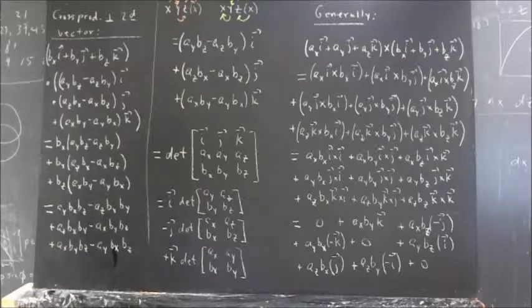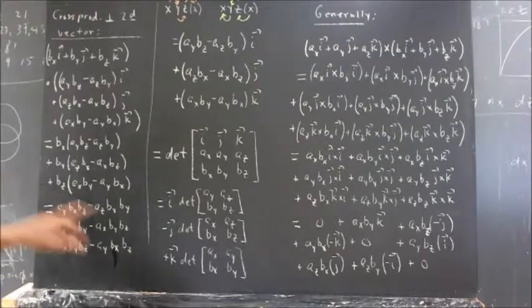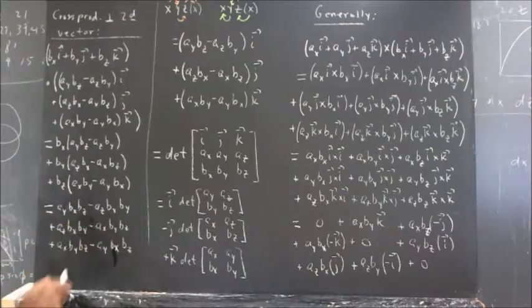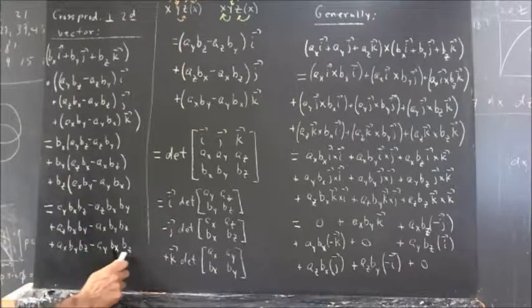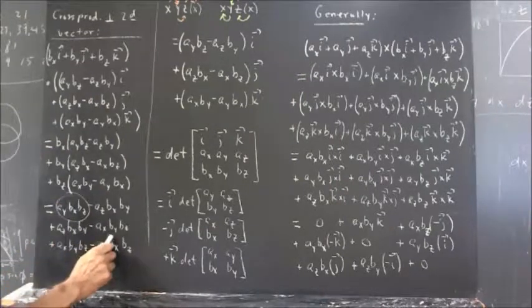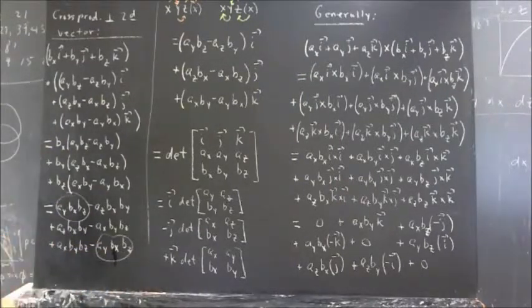And if we now look at what we have here, we have an AYBXBZ here. Now here we have an AYBXBZ, but this one's negative. So this one and this one pair up in such a way that their sum is 0. Okay, they cancel, if you want to use that term. I don't like that term.